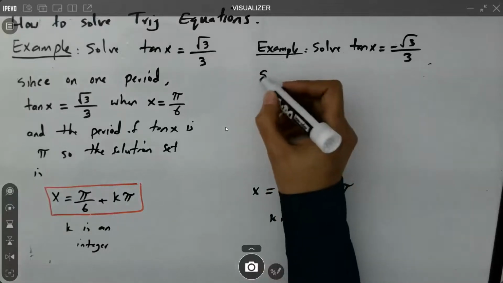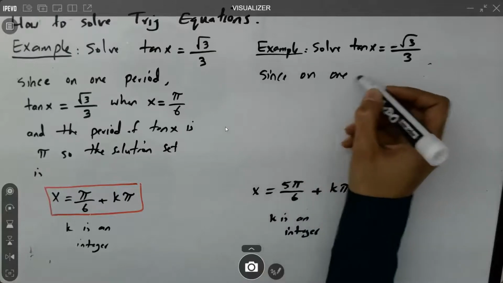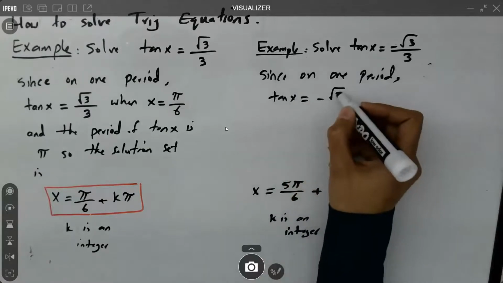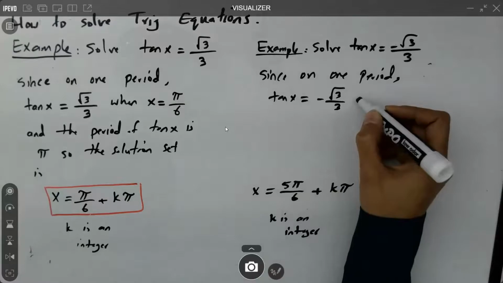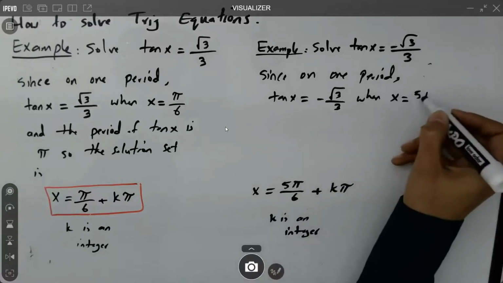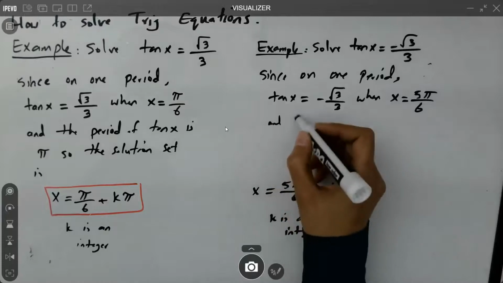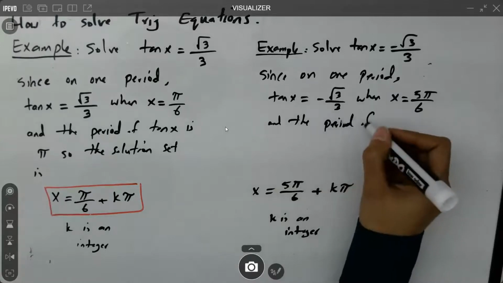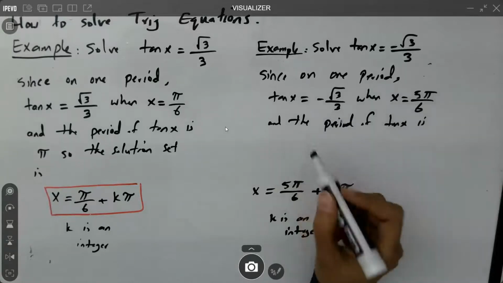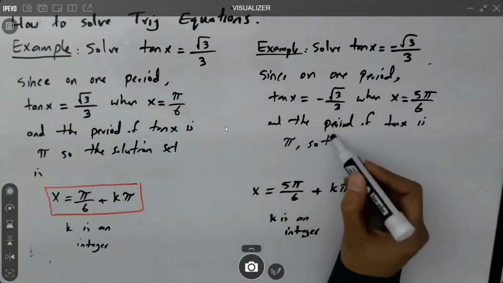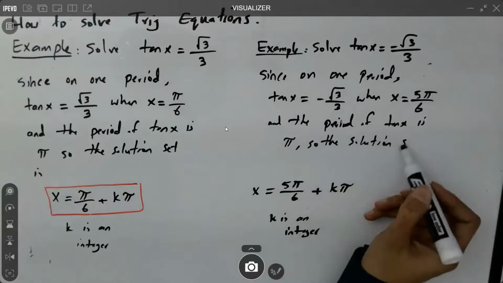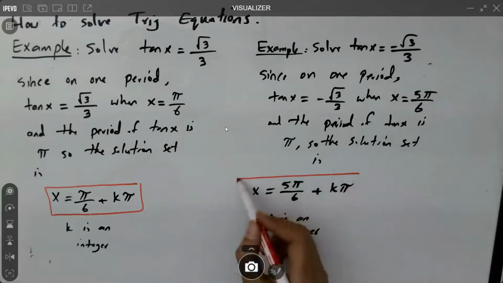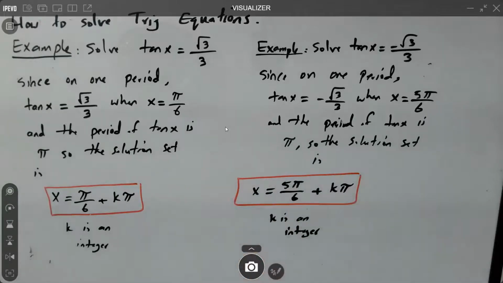So the same process: on one period, tangent of x is negative square root of 3 divided by 3 when x is 5 pi over 6, and the period of tangent is pi, so the solution set is in the box as we described before, 5 pi over 6 plus k times pi.